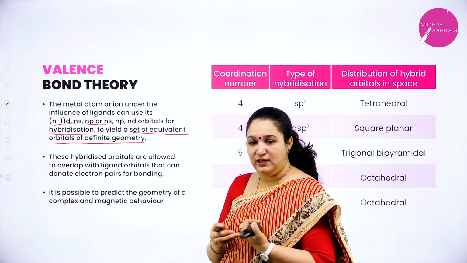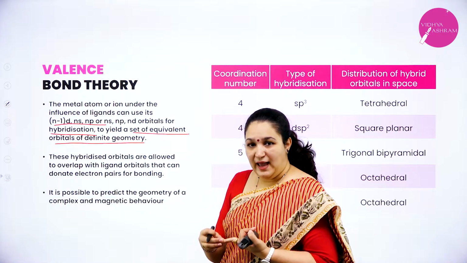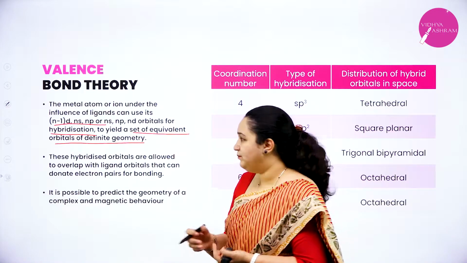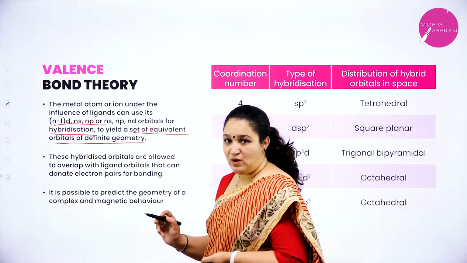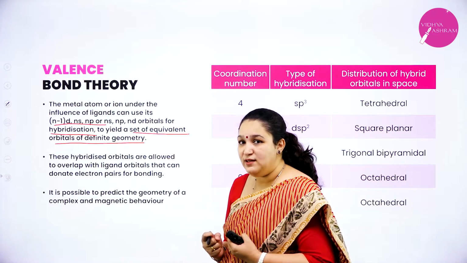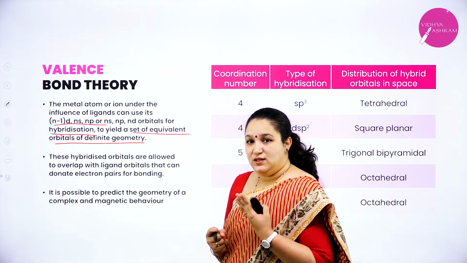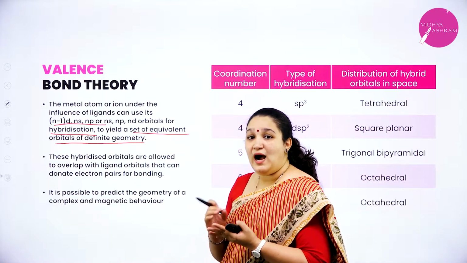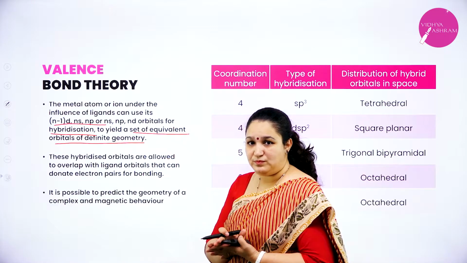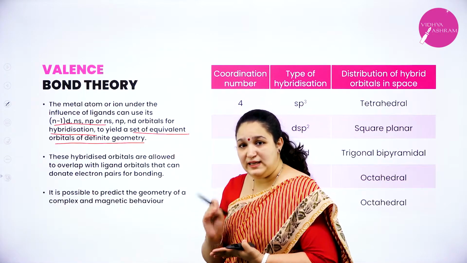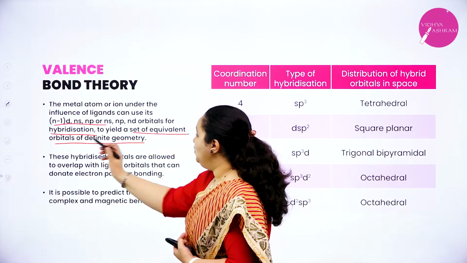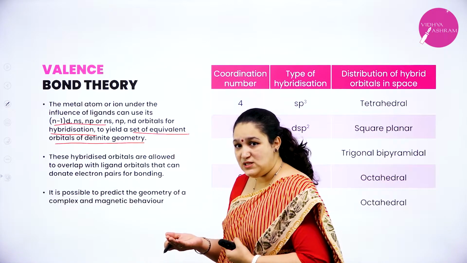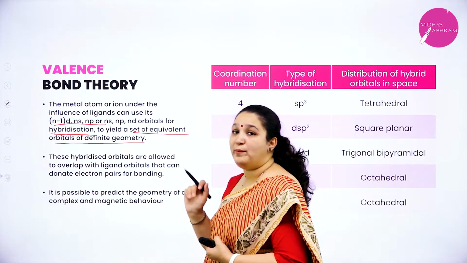There is vacant n-1 d orbital, ns orbital and np orbital, or ns np nd orbital. So, what do you understand here? The vacant orbitals in the central metal ion undergo hybridization, okay, under the influence of ligands to give rise to new hybridized orbitals of definite geometry.